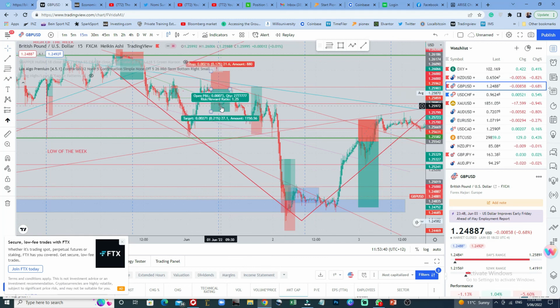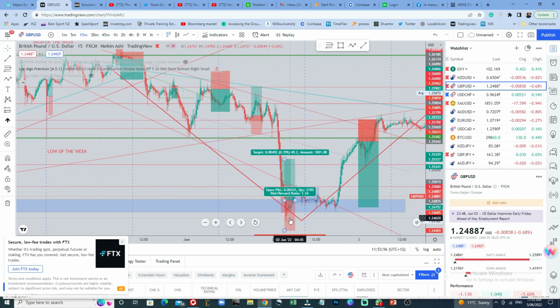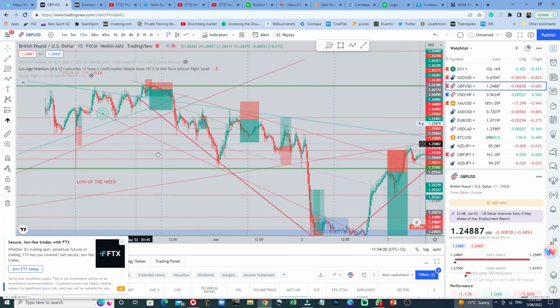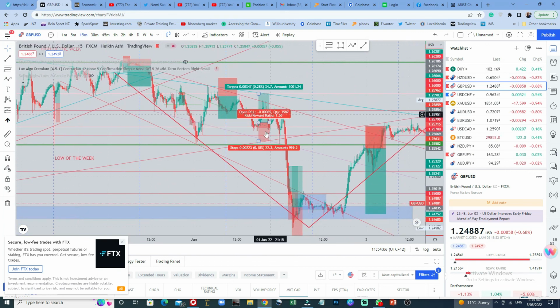Consecutive reds for sell, consecutive greens for buy. You see how thick it is. Look at this one, consecutive thick, and it's thickening. Once you see wicks, know it's about to reverse. So I was just building and catching all these pips like that.